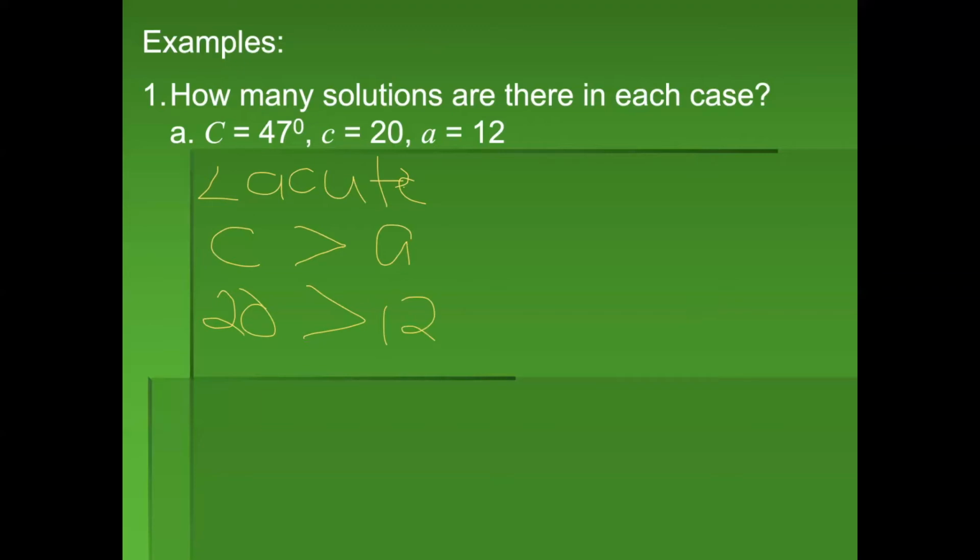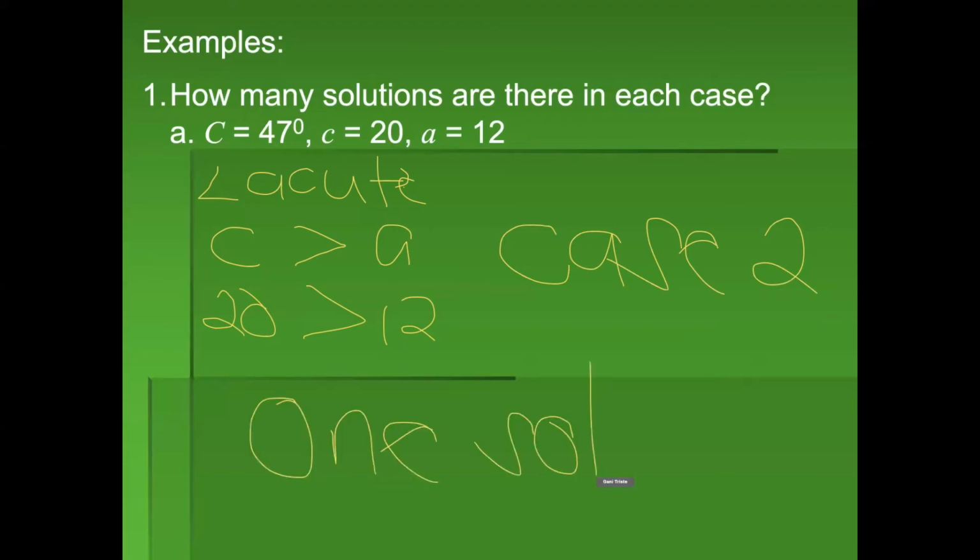Okay? So from the three cases earlier, we can identify that the given belongs to case number 2. And once we have identified that it is in case number 2, we can say that there is only one solution. That's it.